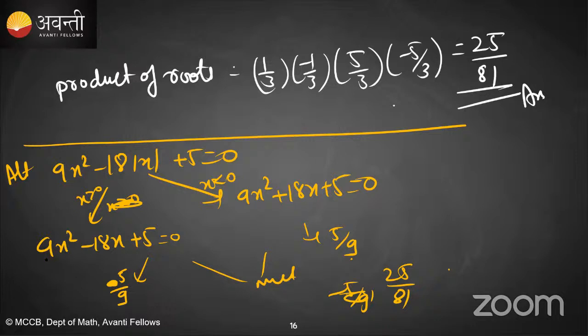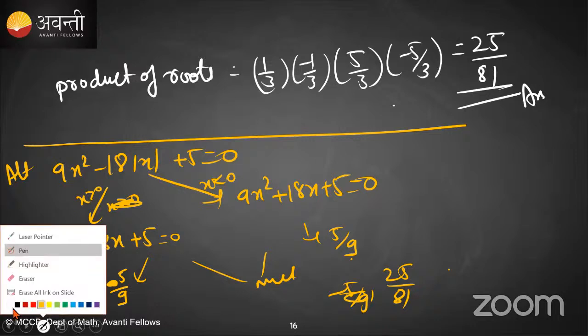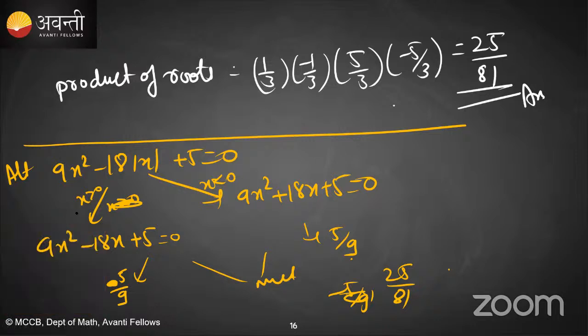When I write this equation, I have assumed that x is positive. So first of all, I have to check whether the quadratic equation has any negative root or not. Because if the product of roots is positive, then it can also mean that both roots are negative. Yes or no? That is the flaw in this method.